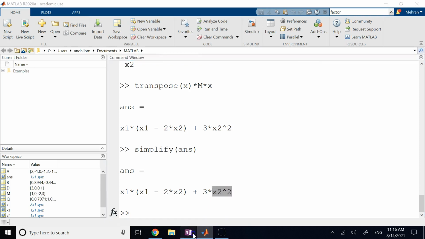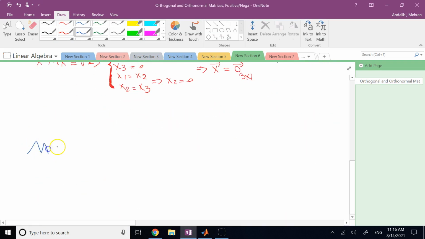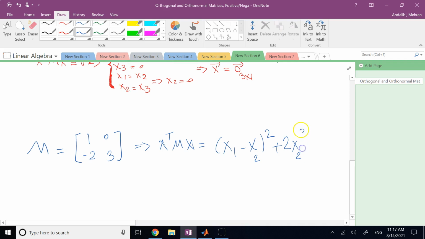So if I do it for you, for this matrix here, let me add one more matrix. M is equal to 1, 3, negative 2, and 0. And you saw that x transpose M times x, if you simplify it, would be (x1 minus x2) squared plus 2x2 squared.